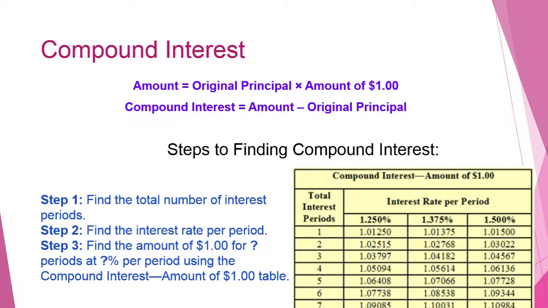Then step 3, using the table on the right side, we want to find the amount of $1 for blank periods at blank percent per period using the compound interest amount of $1 table. Step 4 is to find the amount, and then step 5 is to find the compound interest. So those question marks in step 3, I will show you what those mean.